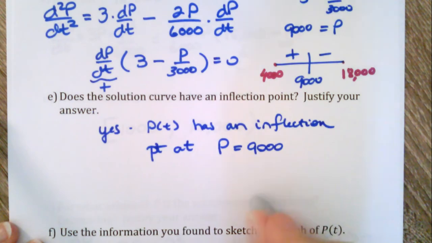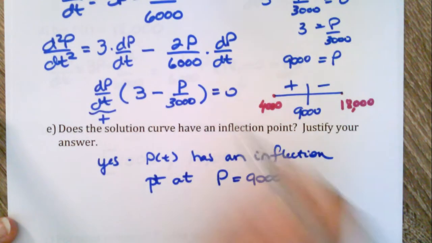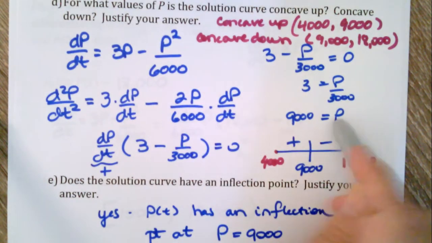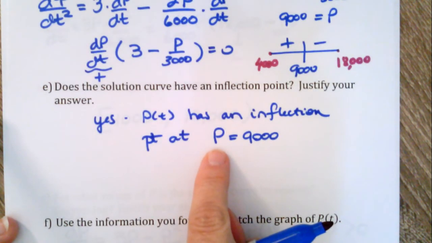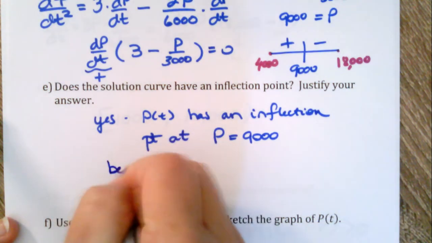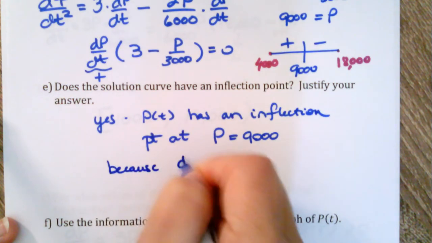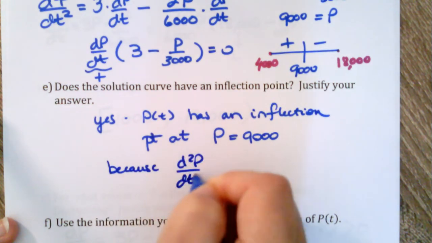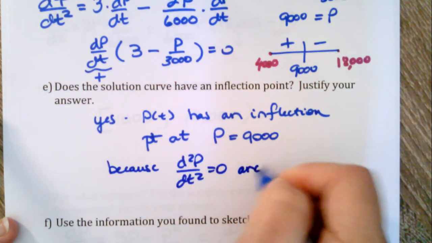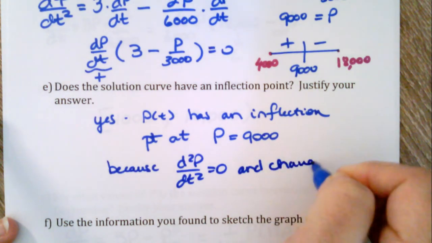But in this situation, this is all based on a P value, because that's what we solved for up here. We got P equal to 9,000. That's when we have the inflection point, because the second derivative equals 0 and changes signs.